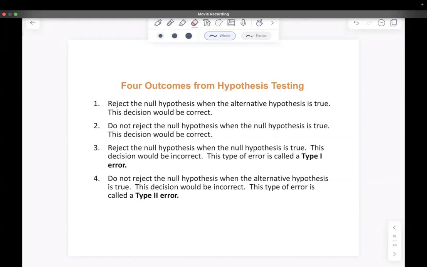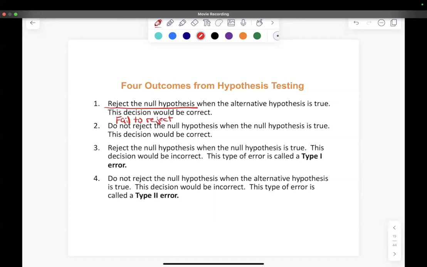So the 4 different outcomes. If you reject the null hypothesis when the alternative hypothesis is true, this is good. If you find out that the alternative hypothesis is true, we reject the null hypothesis. Do not reject, or the words I like to use are fail to reject.